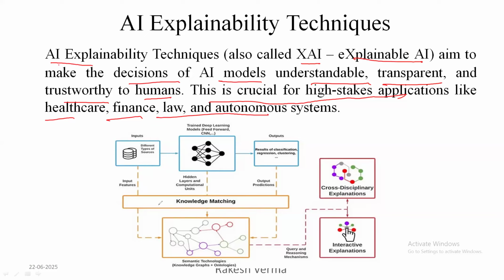Combining this gives us some knowledge, and the knowledge is matched with, if you see this one, semantic technology, knowledge graph plus ontology created here, and it performs the cross-discriminative explanation and interactive explanation. So this basically decides how an AI model works and how it may be made transparent for humans. That is called AI explainability techniques.